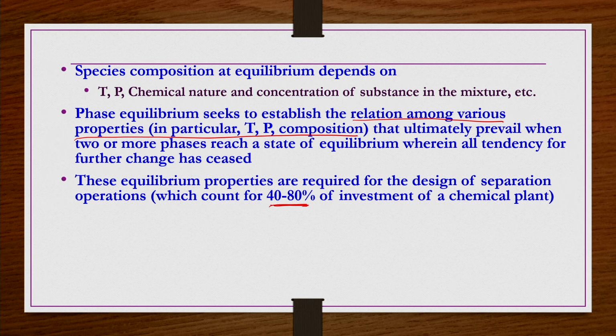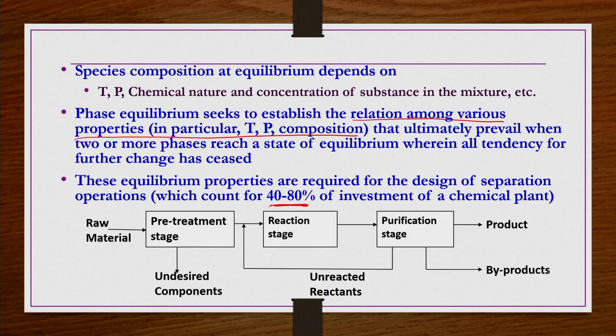So, in general, in a chemical plant we have raw materials which may have the required reactants. In addition to that, there may be several undesired components. So, there would be a pre-treatment stage where separation takes place, and because of that separation we can take out the undesired components from the raw materials, and then take the desired ones to the reaction stage, the second stage.